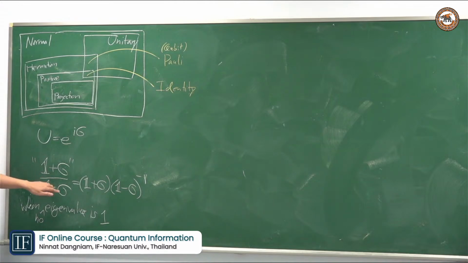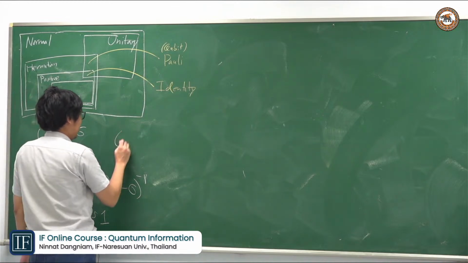Usually, you should not divide a matrix by another matrix. But this works because everything is diagonal in the same basis, right? Identity is always diagonal in any basis. And so you can write this expression in the eigenbasis of G, and then replace G by its eigenvalue.